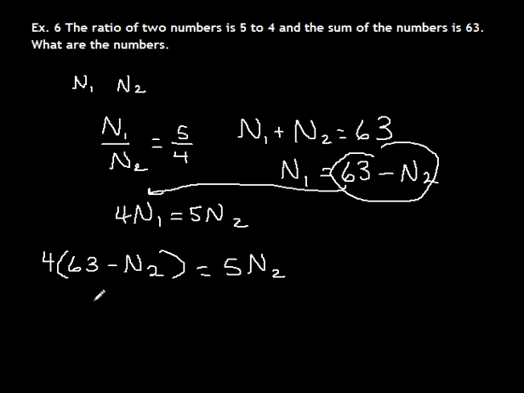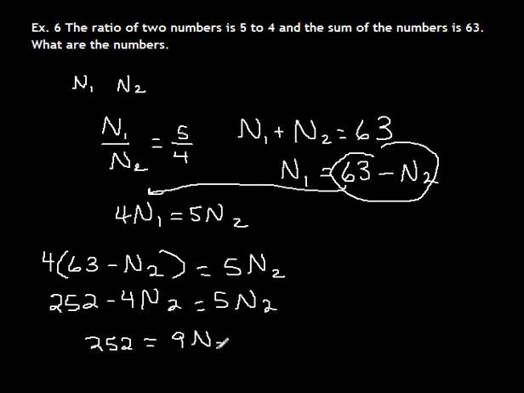And we get 4 times 63 is 252, minus 4 times number 2 equals 5 times number 2. And then I'm just going to add 4 number 2s to that side. 252 equals 9 number 2s. And I'm going to divide that by 9.